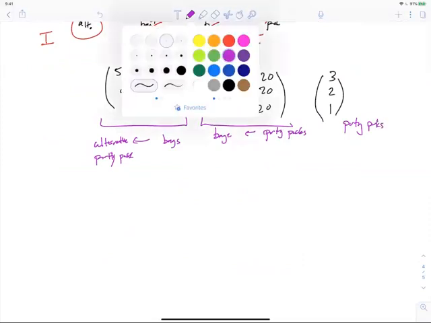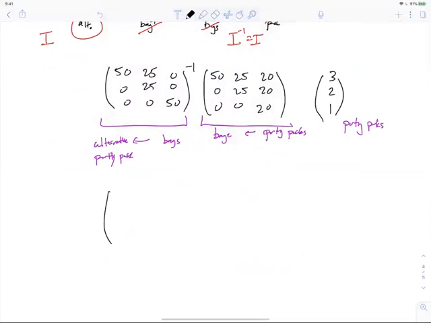It turns out that this inverse right here, and I'm doing this again by computer, is just 150, minus 150, 1 over 25, 1 over 50.